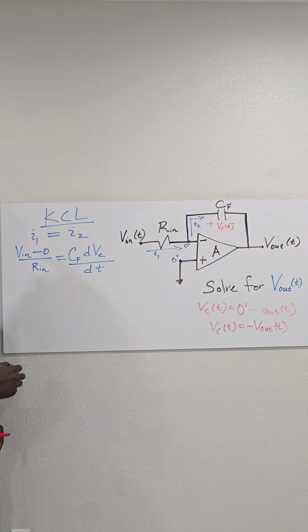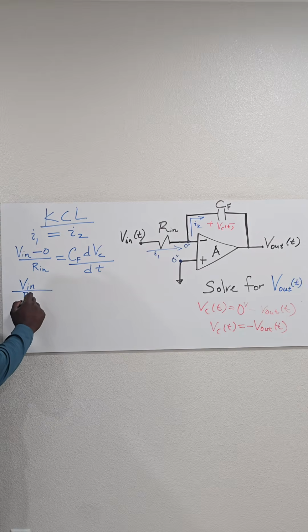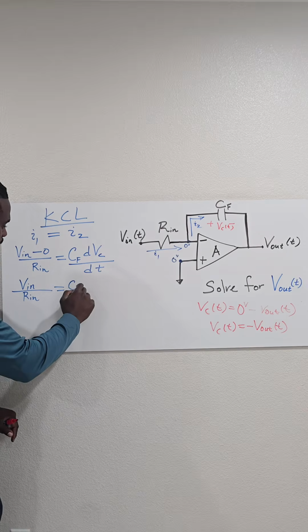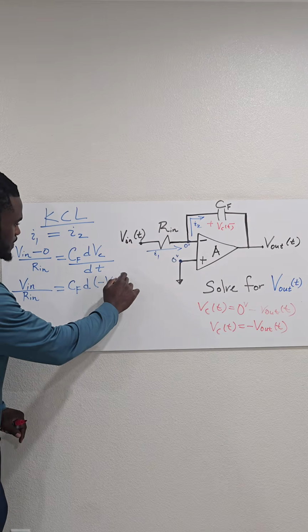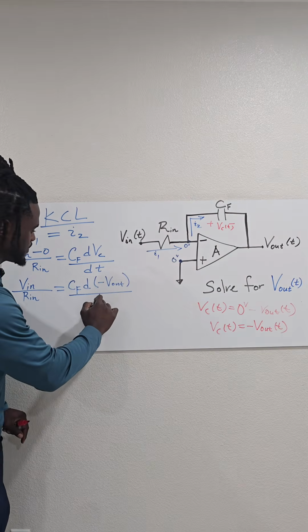So I'm going to write one equation here. It's going to be Vin over Rn has to equate to CF, the change in minus V out over dt.